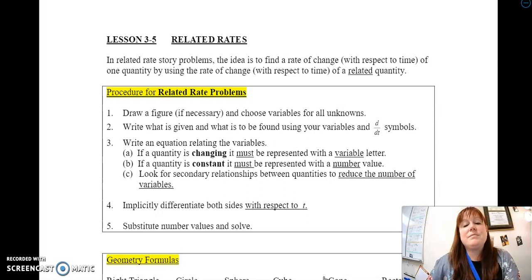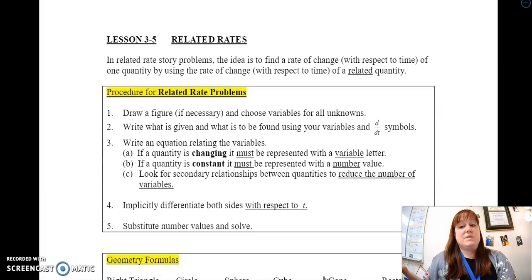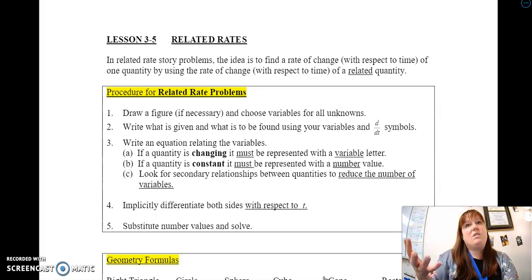Anyway, related rates. Basically, what a related rate is doing, it's a story problem, and we're trying to find the rate of change with respect to time of some quantity by using the related rate of change of a related quantity. So maybe we're trying to find the rate of change of the volume of something if we know how fast the height is changing.